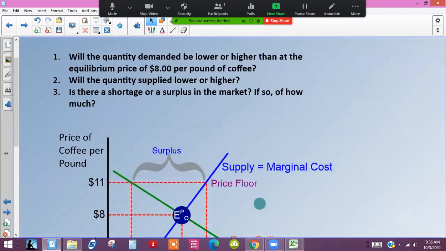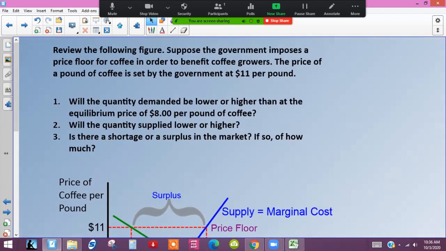Now, just to make sure we totally understand this model, because you could get different questions on a quiz or on a test, you should be able to fully understand it.